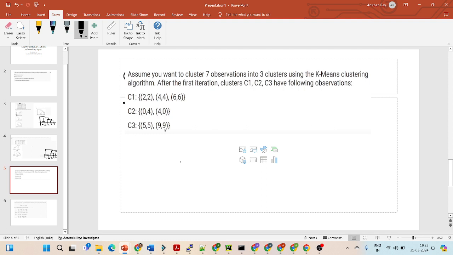In single link clustering, between the two clusters you look for the lowest distance, and cluster based on that.